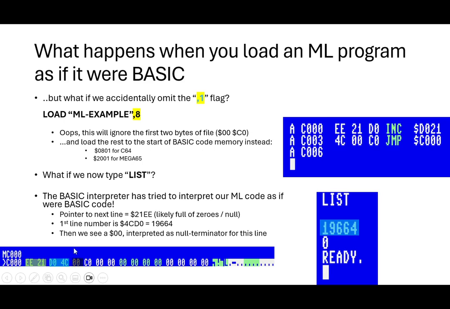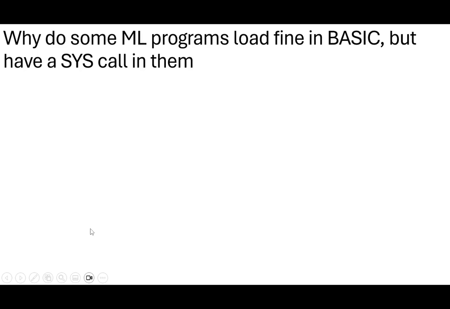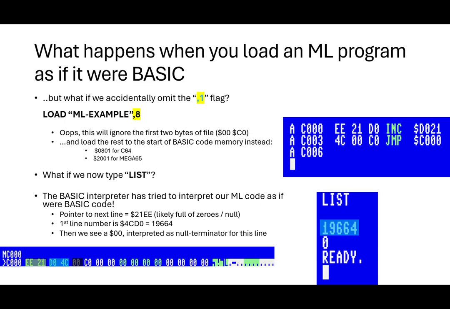And after that you see the 00 for the end of line termination for that line. So that hopefully answers my friend's first question on why sometimes you load some assembly program and list it and you see all the garbled stuff. That was his first question.